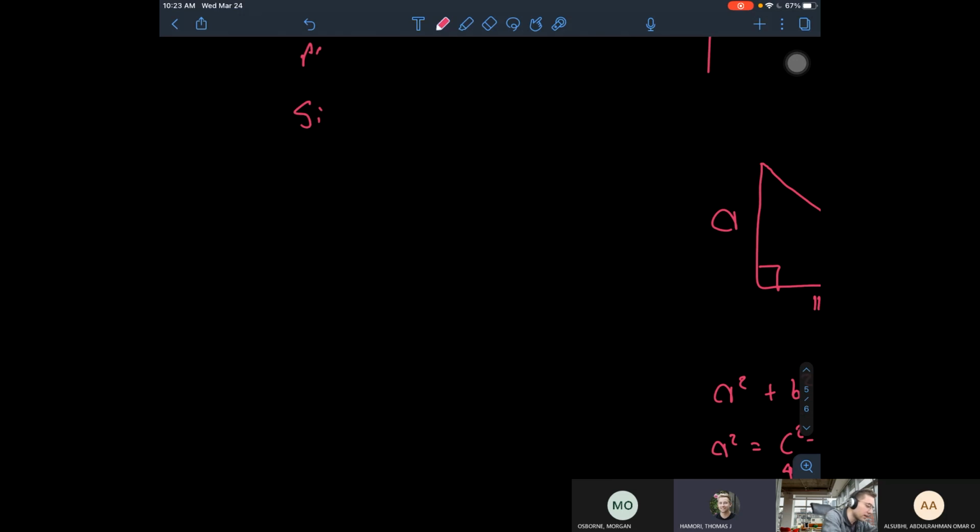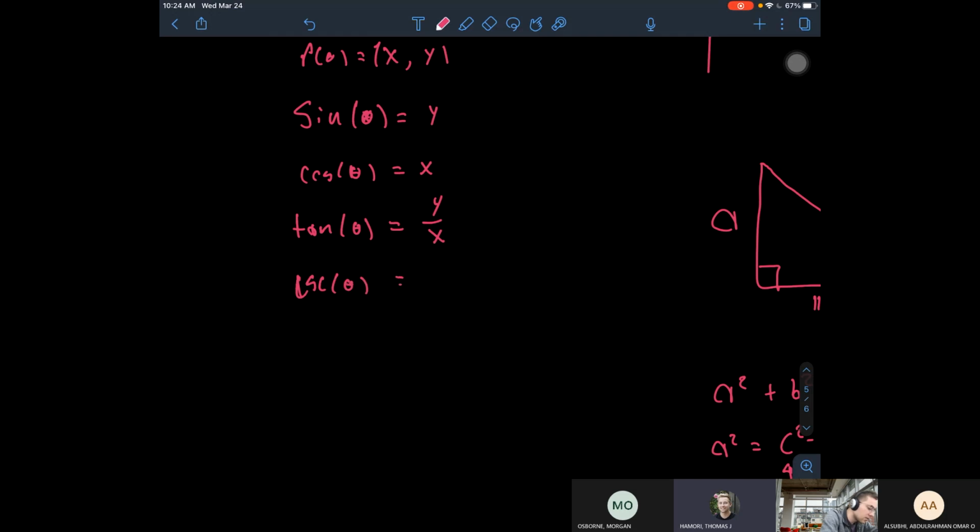If we have P of theta, the point on the unit circle corresponding to the angle theta, is the point x comma y, then sine of theta is equal to the y coordinate, cosine of theta is equal to the x coordinate, tan of theta is equal to y divided by x, cosecant theta is equal to 1 over y, secant theta is equal to 1 over x, and cotangent of theta is equal to x over y.